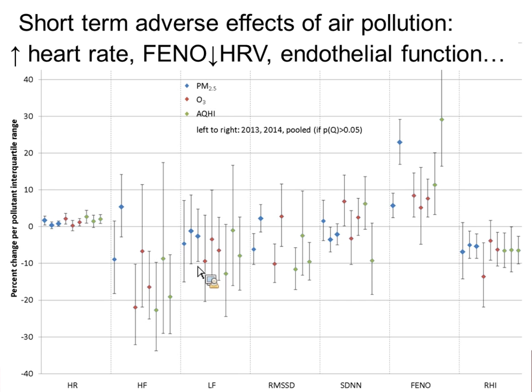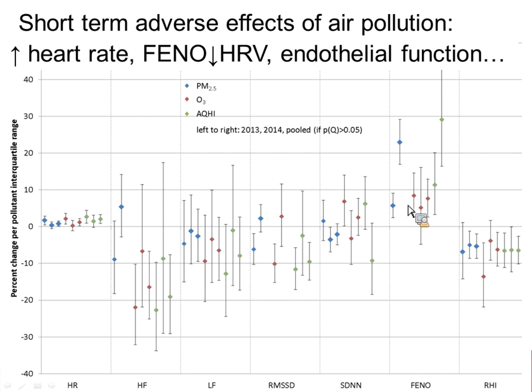Basically what we saw is associations between PM 2.5, ozone and the AQHI with an increase in heart rate, a decrease in some of the heart rate variability measures. And in these instances, it seemed that the effects were larger in 2013 compared to 2014, both for heart rate and the heart rate variability measures.